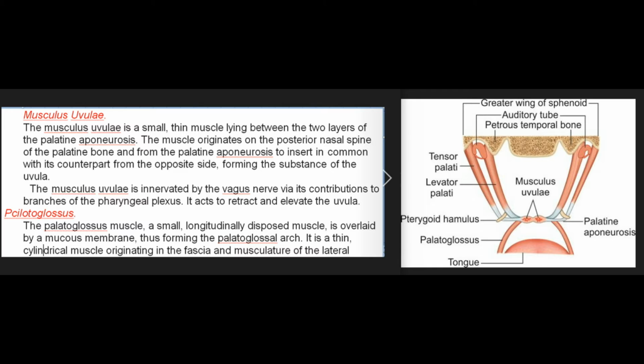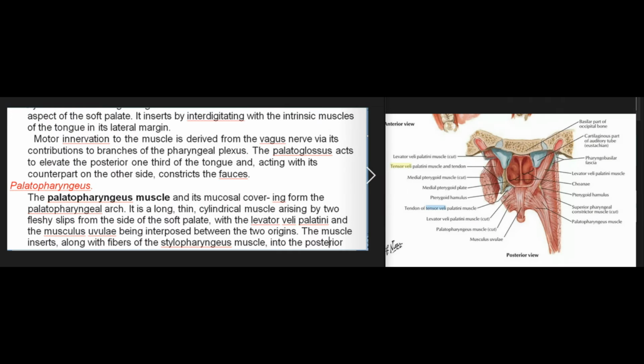Palatoglossus. The palatoglossus muscle, a small, longitudinally disposed muscle, is overlaid by a mucous membrane, thus forming the palatoglossal arch. It is a thin, cylindrical muscle originating in the fascia and musculature of the lateral aspect of the soft palate. It inserts by interdigitating with the intrinsic muscles of the tongue in its lateral margin.